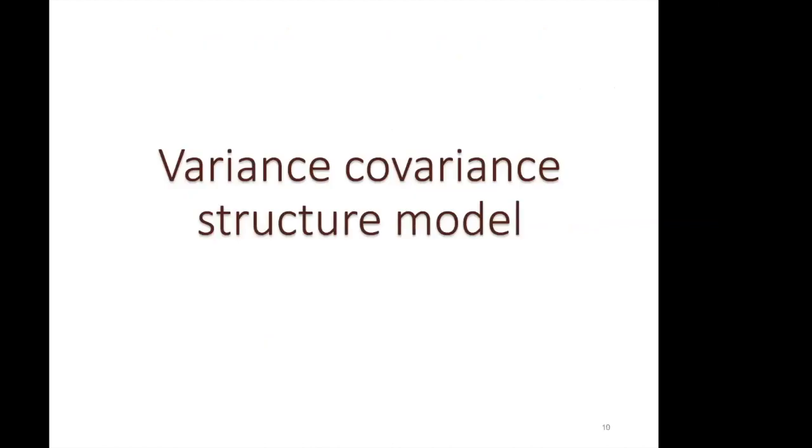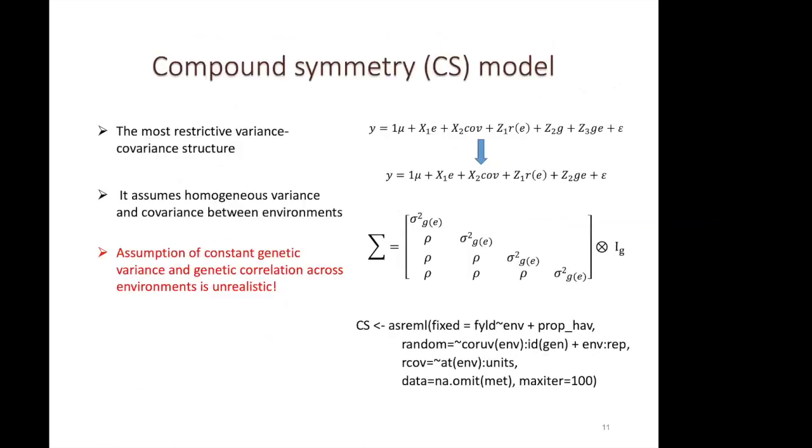So in the next couple of slides, I'll talk about the various covariance structures we fit in the course of trying to explore the complex structure of G by E. We started by fitting the compound symmetry model, which is the most restrictive of all the models.